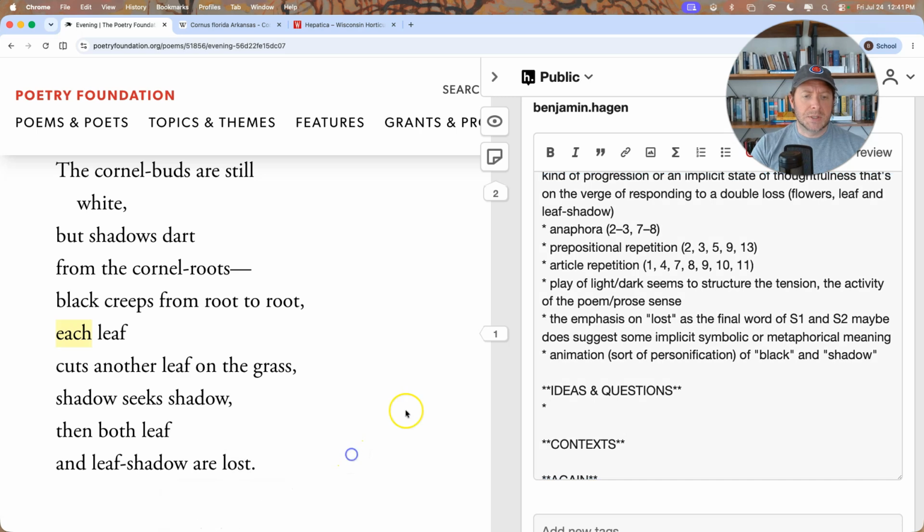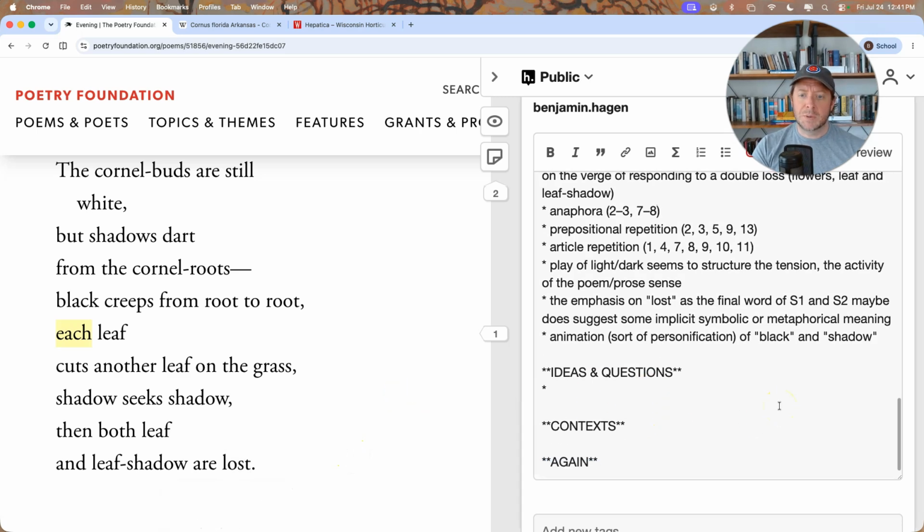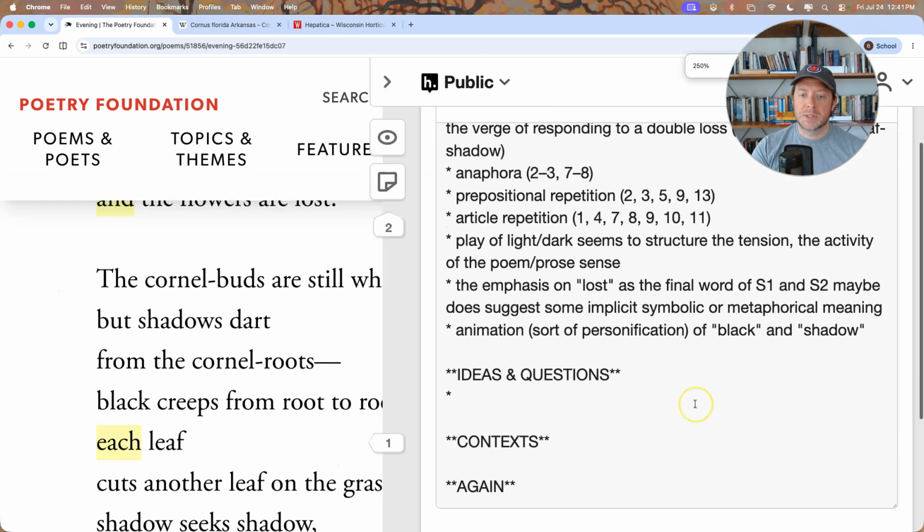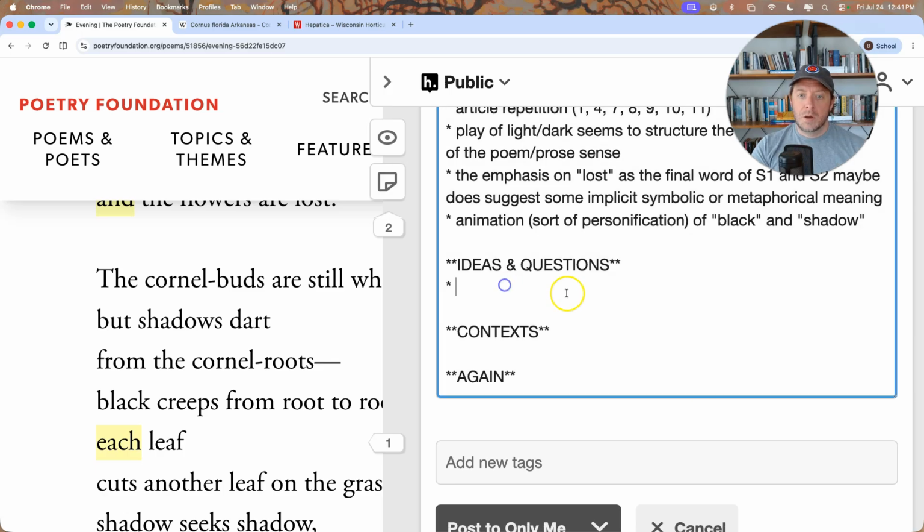Ideas and questions. Do I have any ideas or questions? That is itself a good question. Okay, so I think I was already filling in this section verbally, so maybe we just jot down some quick notes about that.